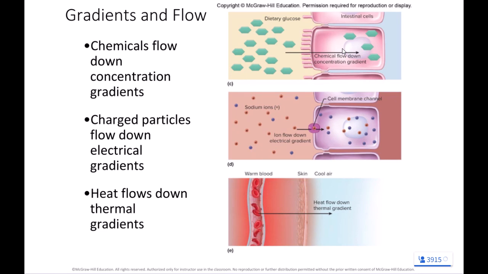Or we can have charged ions, where there's a high concentration outside of the cell and a low concentration in the cell, and when the membrane channel opens up, those charged ions, typically sodium ions, will rush into the cell. Another common concentration gradient is heat. Heat will always move from an area of high concentration to an area of low concentration.